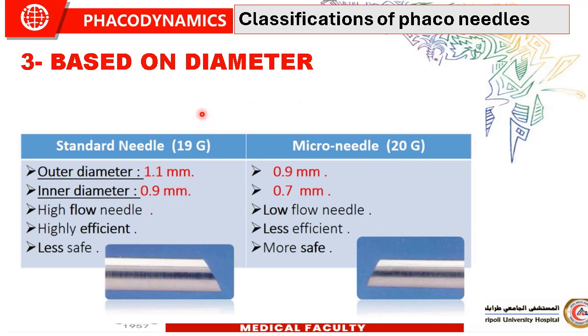Hence, they started thinking how to reduce the outflow or increase the outflow resistance by creating a micro tip that has a small outer diameter of 0.9 and inner diameter of 0.7. This will retard the outflow, so it will protect against the surge. However, it is less efficient in clearing up the emulsate from the anterior chamber.